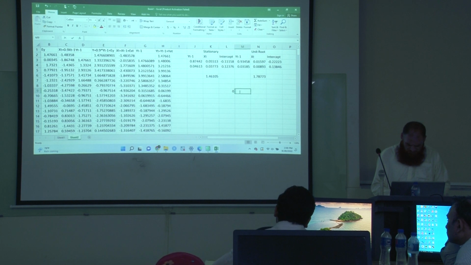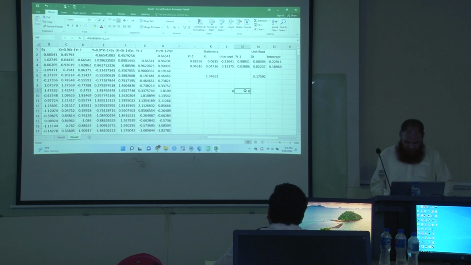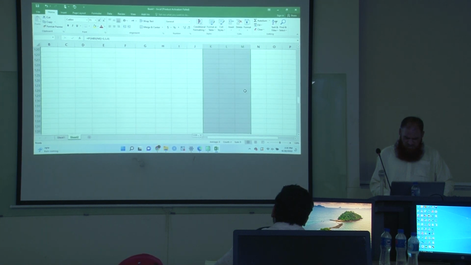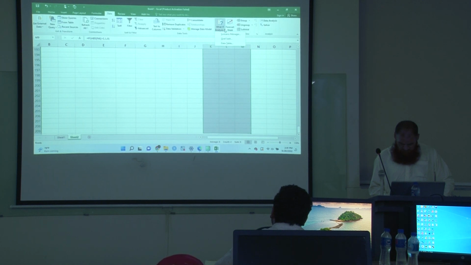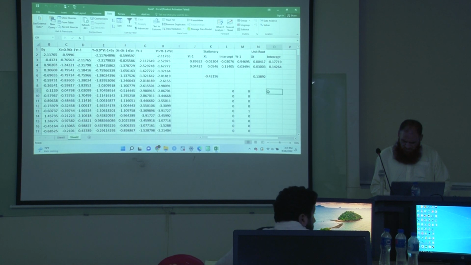And similarly, and let me make the table. I am counting how many numbers are significant.